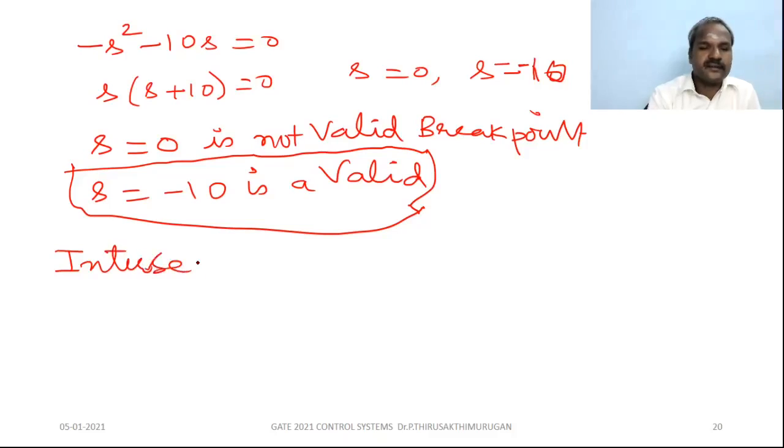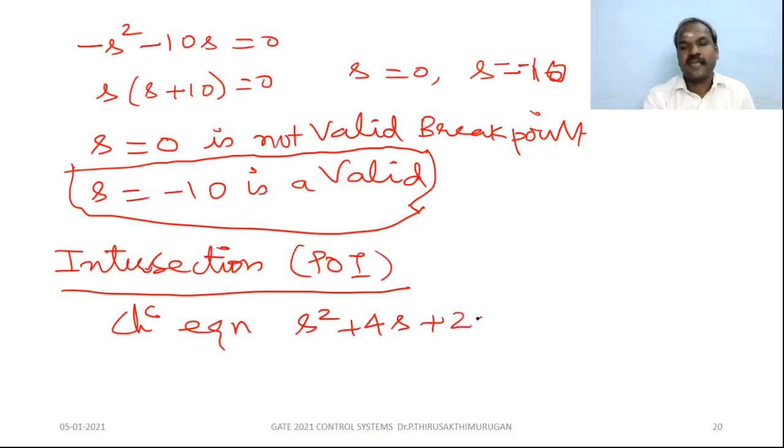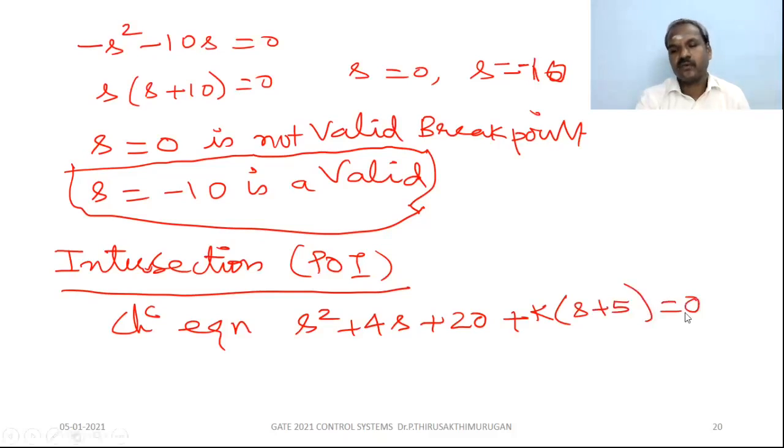Next is the point of intersection with the imaginary axis. Let us consider the characteristic equation. What is the characteristic equation? S square plus 4s plus 20 plus k into s plus 5 equal to 0.